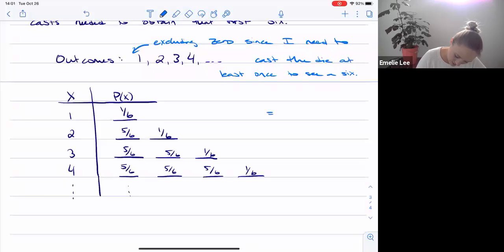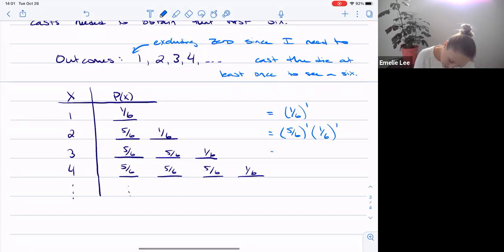This becomes 1 in 6 to the power of 1, whereas this becomes 5 in 6 to the power of 1 times 1 in 6. And maybe I should write them with the same type of fraction, a slanted one. To the power of 1, technically.